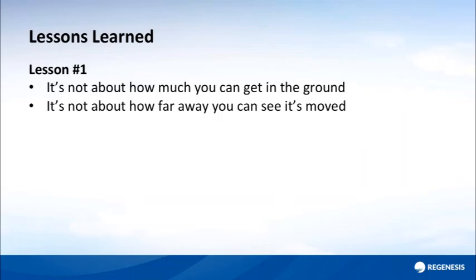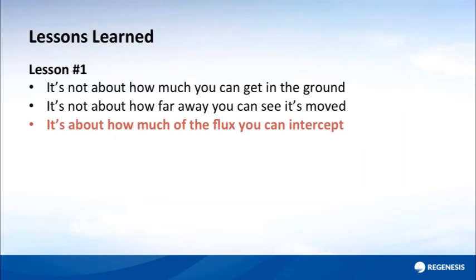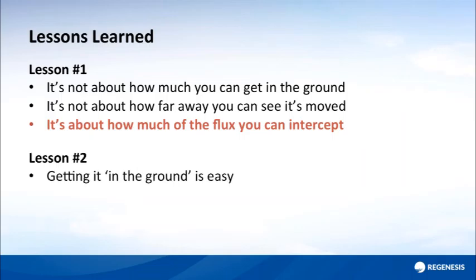The second lesson is this. Getting the PlumeStop in the ground is easy. It flows like water. It will easily disappear out of a pipe and into the ground. What is important, though, is getting it into the zones which are really going to be intercepting the flux. What we want to avoid is 90% of what we put in the ground intercepting less than 10% of the contaminant flux.